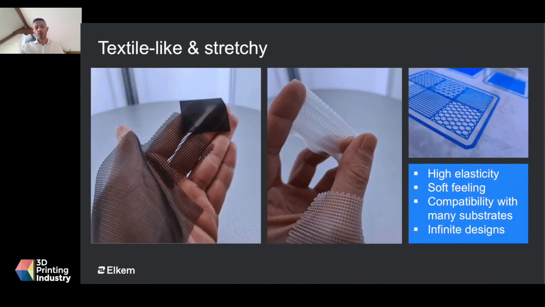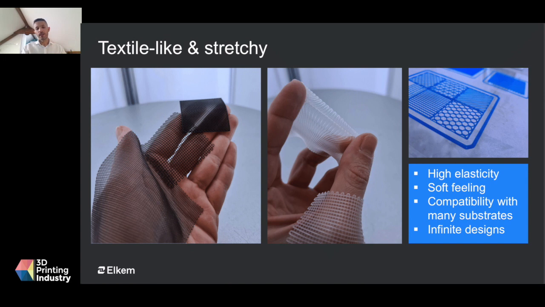Here is another example to show you the benefits of silicone with 3D printing. You can see here not a very high volume part, but more a textile-like part. It shows what kind of elasticity you can get thanks to this technology, the softness, and the feeling that you get with such parts.